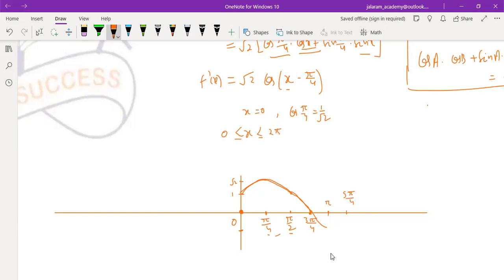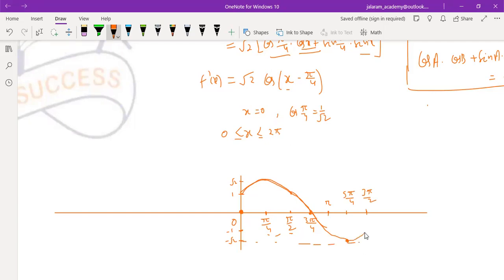And what will be the value at 5 pi by 4? Minus 1 into root 2, so minus root 2. Okay. Next is 6 pi by 4. 6 pi by 4 minus pi by 4 is 5 pi by 4, means it is in the third quadrant.